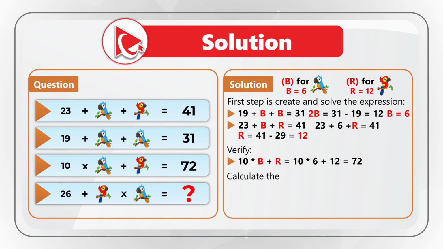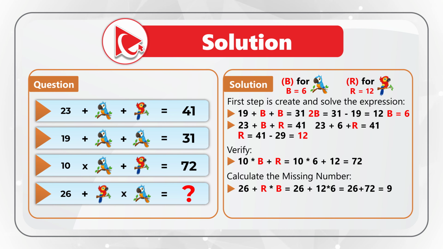Now it's time to calculate the missing number. 26 plus red parrot multiplied by blue parrot equals 26 plus 12 multiplied by 6 equals 26 plus 72 equals 98. So the correct answer is choice C, 98.